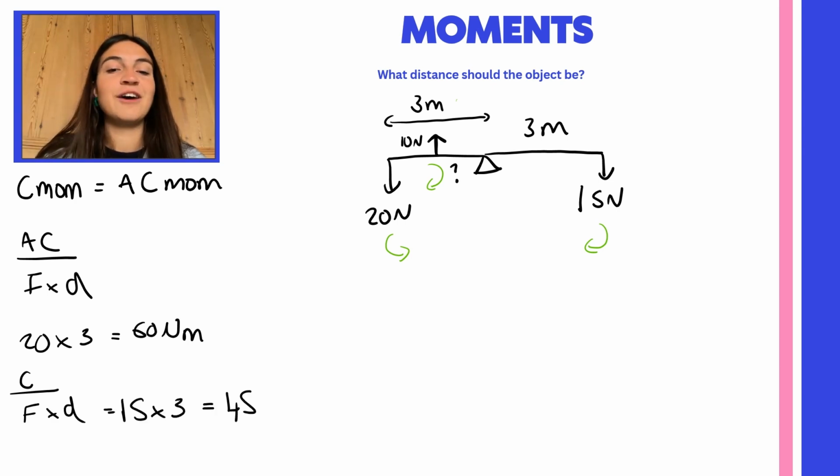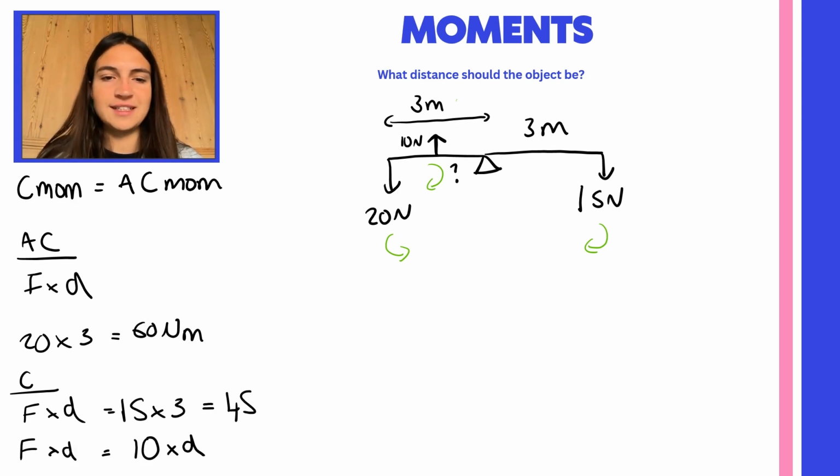So that is force times distance, 15 times 3 is 45 Newton meters. Then I'm going to consider the moment coming from that 10 Newton force there. So force times distance is 10 times the distance. I don't know the distance of the 10 Newton force to the pivot yet. That's what I'm trying to find out. So how do I find that out?